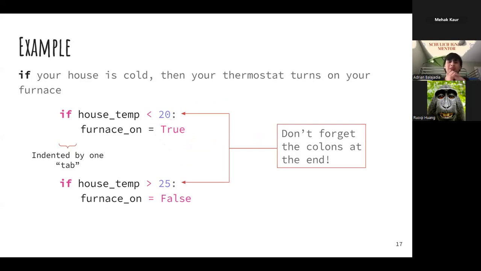I would imagine some people have intelligent furnaces that know when to turn on based on the weather or the internal temperature of your house. In this case, if the house temperature is less than 20 degrees Celsius, then we turn the furnace on. And if the house temperature is greater than 25 degrees Celsius, then we'll turn it off, equals false.